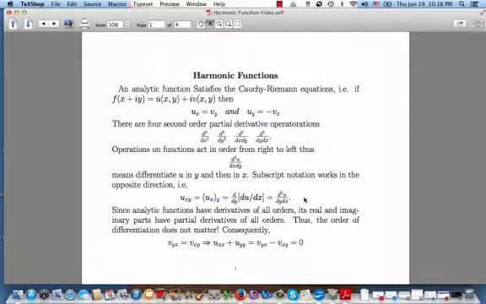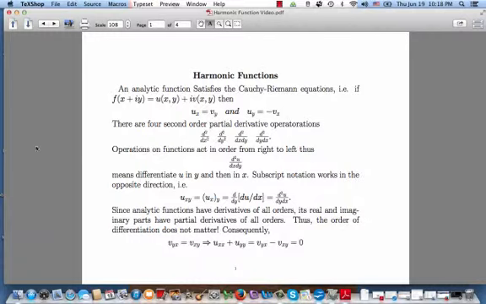So what that means is the bottom line here on this first page is, because of that fact, the real and imaginary parts of an analytic function are going to be what we call harmonic, meaning they satisfy this equation that the second partial derivative with respect to x plus the second derivative in y always adds up to 0.